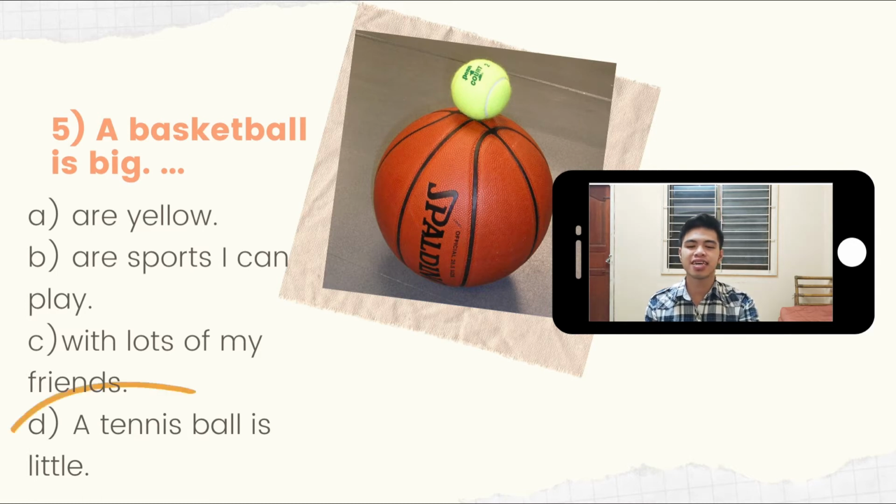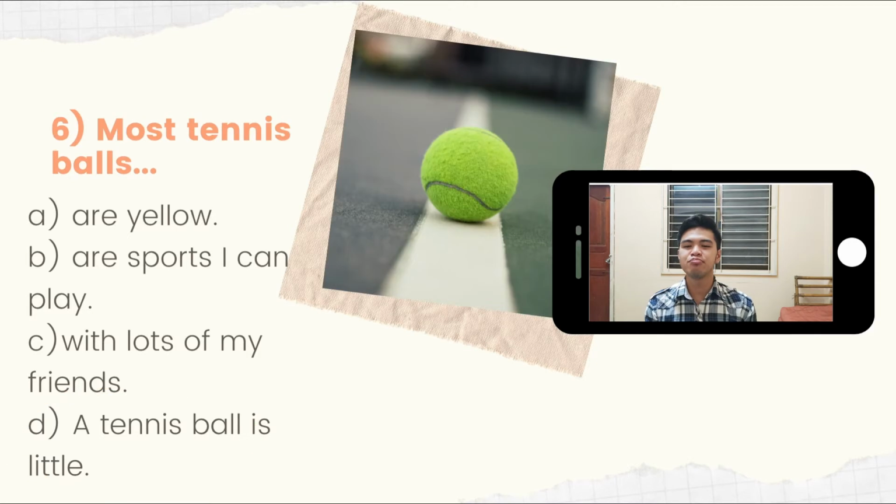Very good! The correct answer is letter D, a tennis ball is little. A basketball is big, a tennis ball is little. Good job! So let's go to number 6. For the number 6, we have most tennis balls, and then blank. So which of the following is the best part that will complete the sentence?